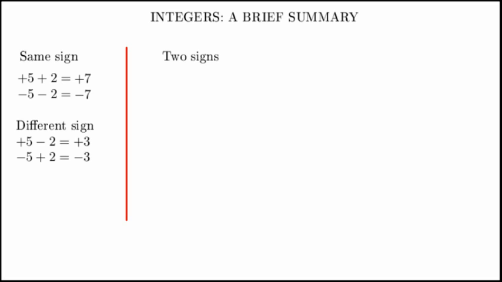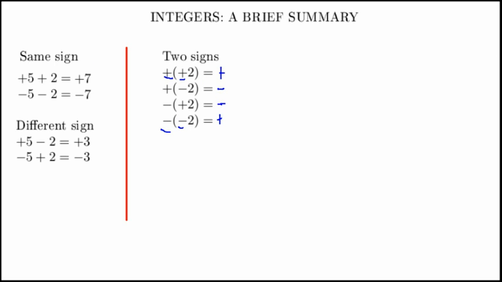What about when we have brackets and there are two signs? For example, plus 2, plus minus 2, minus plus 2, and minus minus 2. Well, now the rule is, if the two signs are equal, the sign for the result is plus, and if the signs are different, the sign is minus.